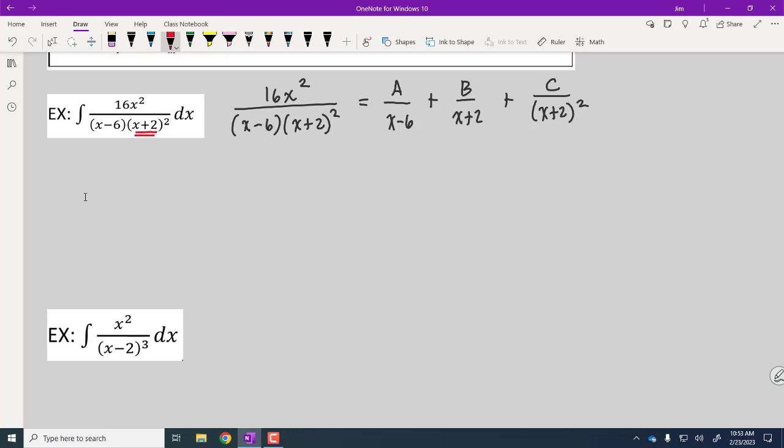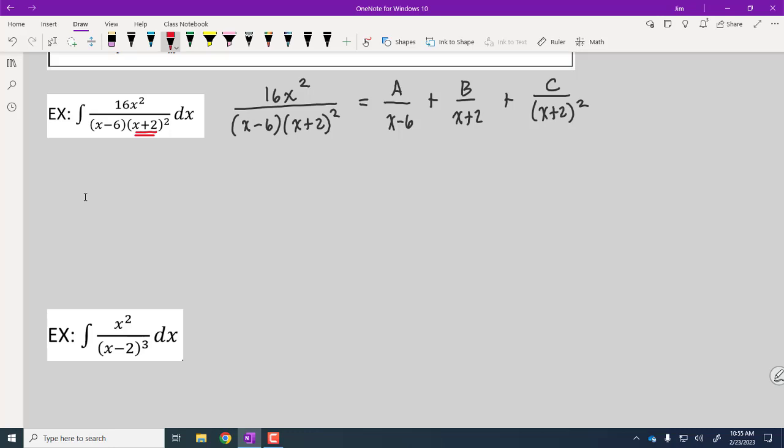Let me know if you need help clearing the fraction or setting up that equation. So the first really important step is to get to that equation and clear out the fraction. Because this is repeated, if it's repeated, you have to have a fraction for it raised to the first power, a fraction for it raised to the second power, and so on.